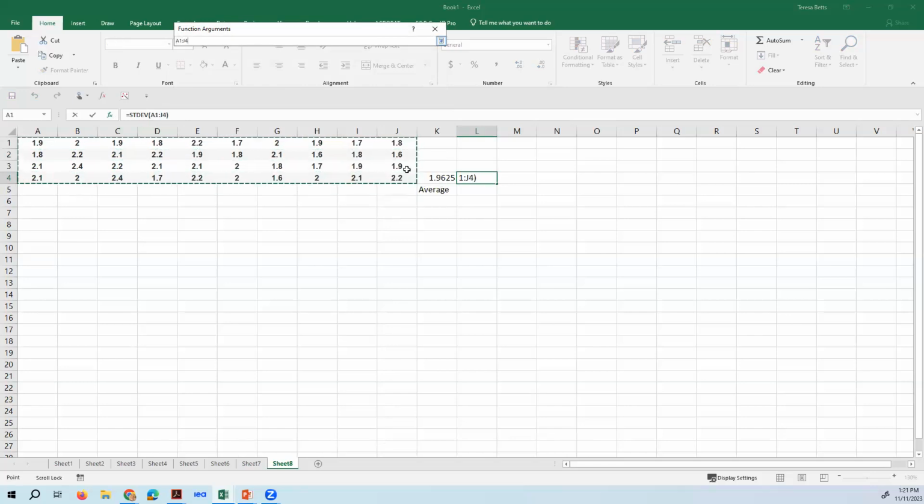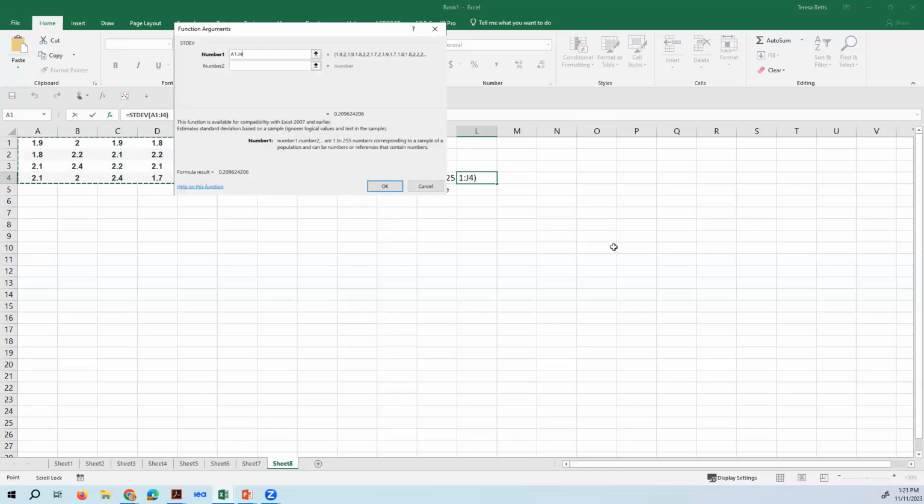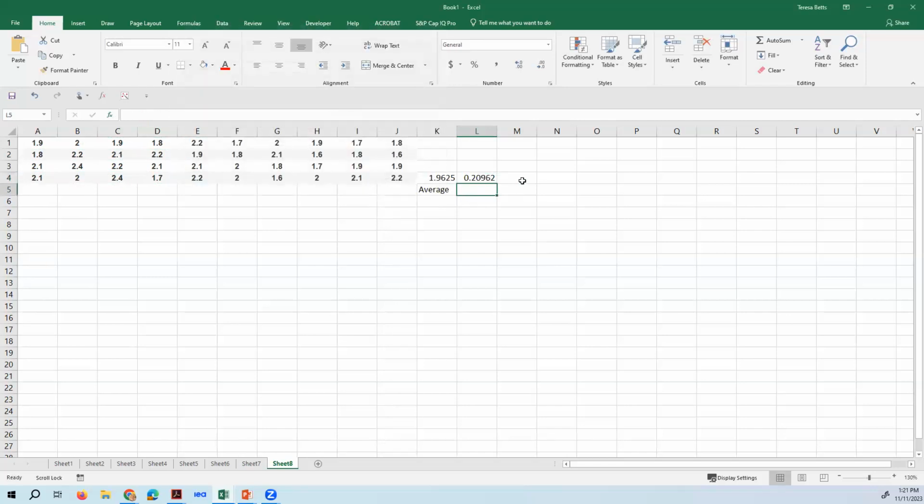And so now we know that our data has an average of 1.9625 and a standard deviation of 0.20962. Okay, so let's use that and think about what that means to our normal distribution curve.